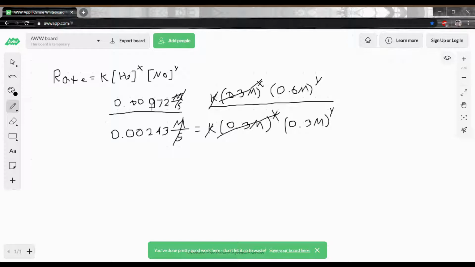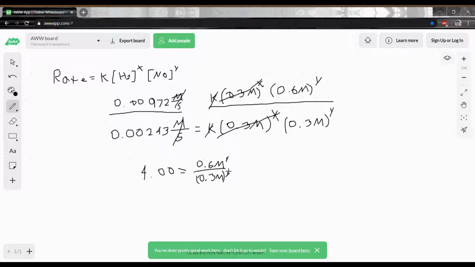That is going to leave us with 0.00972 divided by 0.00243. That conveniently equals exactly 4.00. And on the other side of the equation, it's going to leave us 0.6 molarity over 0.3 molarity, each one of those raised to the y power.